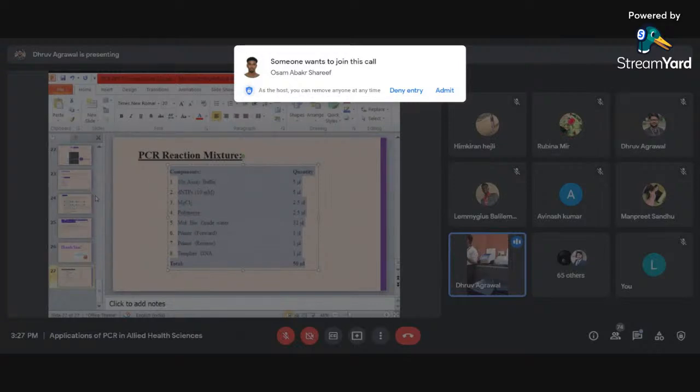The DNA template can be of large size, small size, any size, but we must be selecting a particular in-between area that we are going to amplify. We have to target our primer at a particular site of that sequence, and let's say we don't know whether this particular molecule is complete or incomplete.